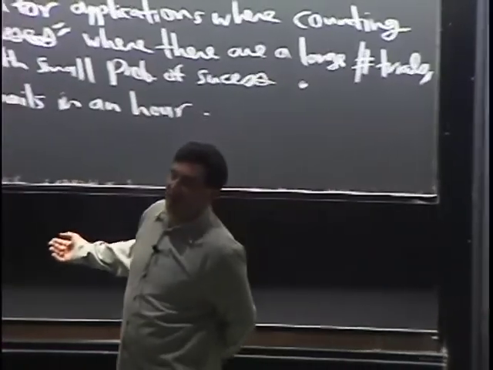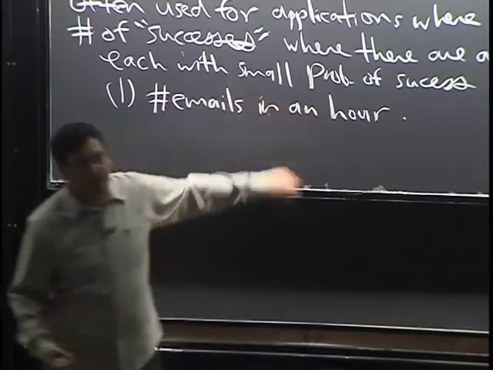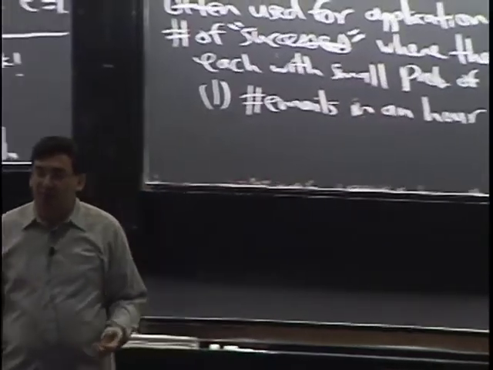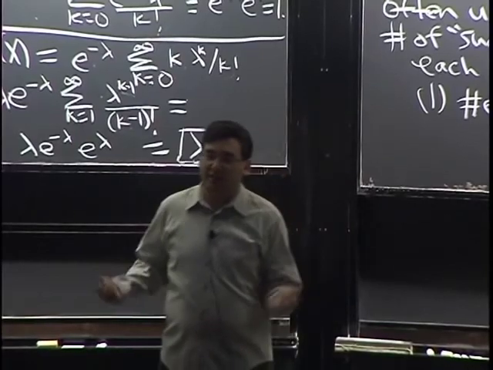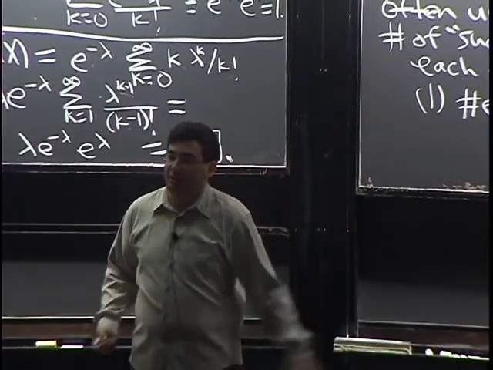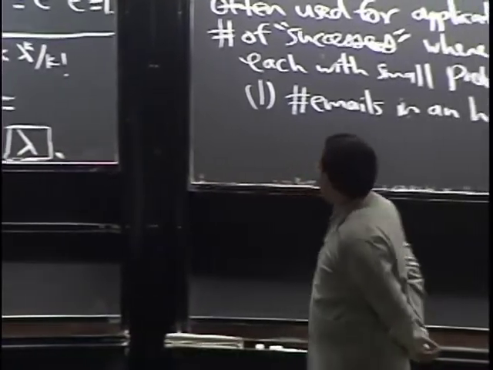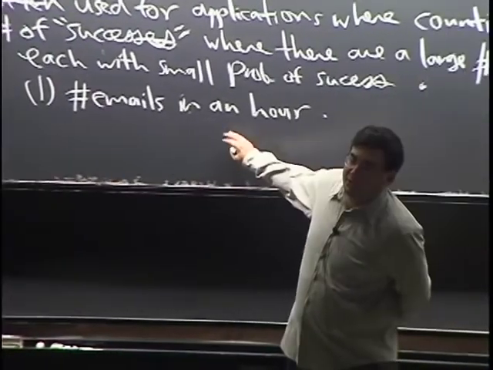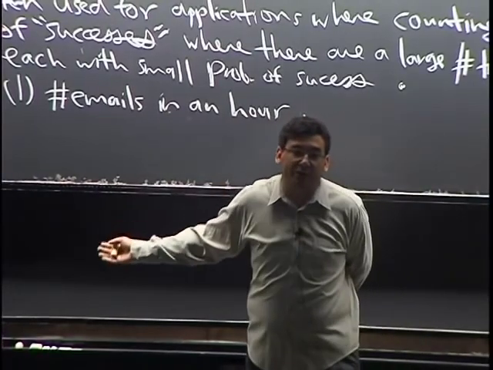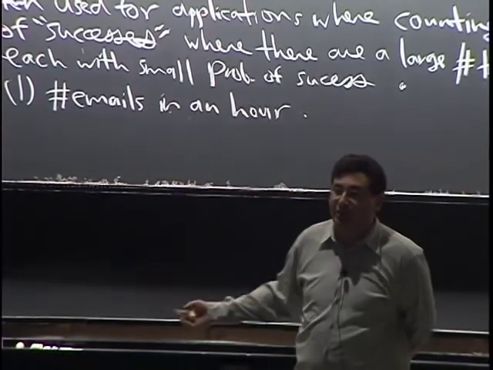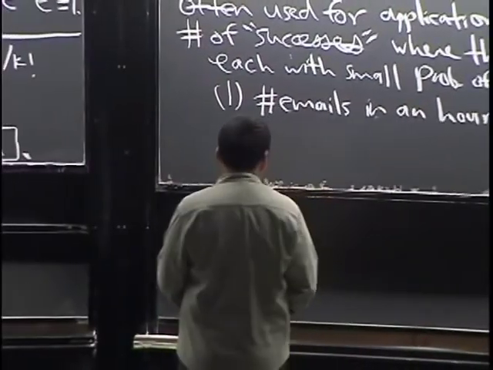To check whether the number of emails you get in an hour is a Poisson or not, you'd have to go collect data and see. That's an empirical question. That's not a mathematical question, okay? But the claim is that this would be a reasonable starting point as a model for that. In some cases it may be very good, in other cases it may be bad, but this would be a reasonable first approximation. That's what I'm saying, not an exact distribution.